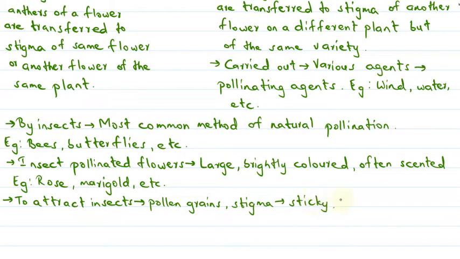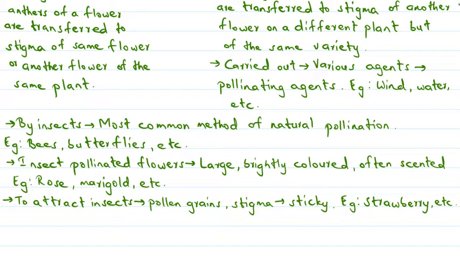For example, in strawberries, the flowers have pollen grains and stigma that are sticky, and this helps in attracting the insects. Okay, so this was about pollination by insects.